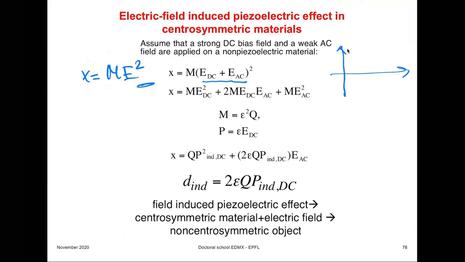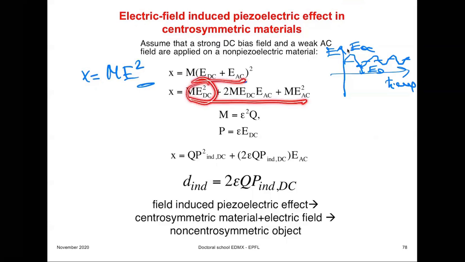That means that if we plot field here and this is time, our field looks something like this. There is a DC component, a static component, and an AC component, which varies with time. And we take that this AC component is relatively small. We calculate this, we get this. This is just a constant term.